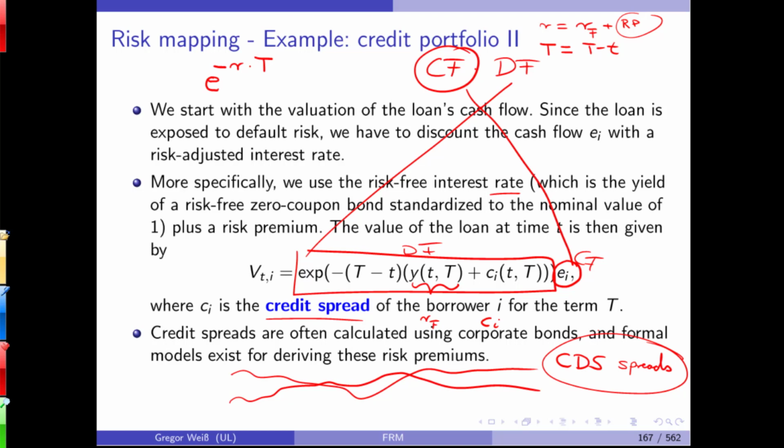Credit spreads are extracted from bonds. Bonds are investments that are meant to invest in a risk-free investment plus something on top. You are investing in a company. In a CDS contract, you are betting on the default or non-default of a company. And to extract the credit spreads, you need quite elaborate and sophisticated interest rate models.